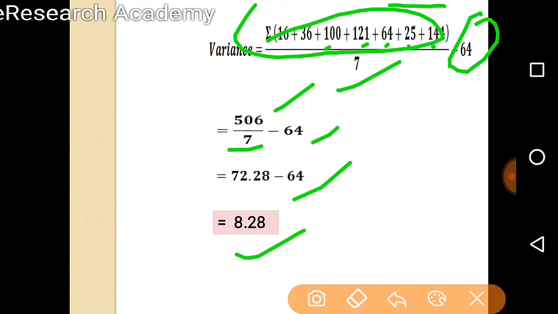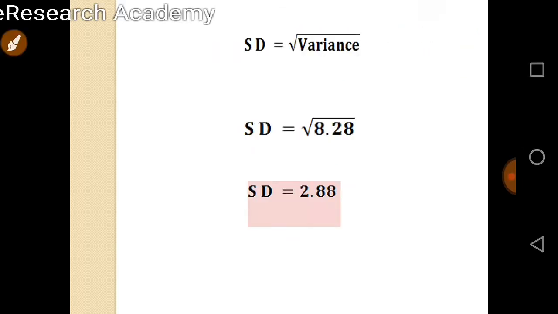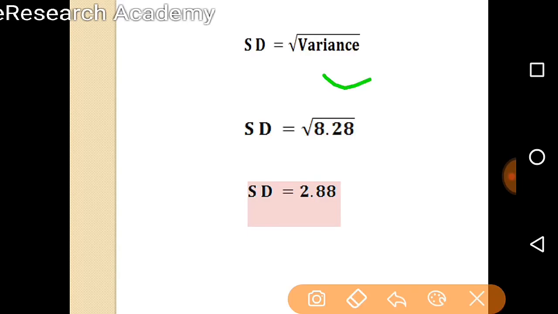Here we don't make any column, rather than making columns we apply this formula. Once the variance is calculated, we can easily find the standard deviation by applying this formula. The standard deviation equals the square root of variance, so square root of 8.28 is equal to 2.88 approximately. So by both methods, either the first method or the alternative method, you will get the same answer.